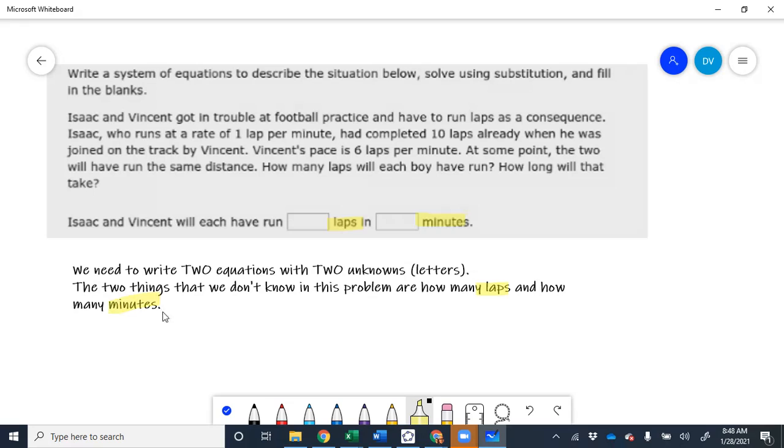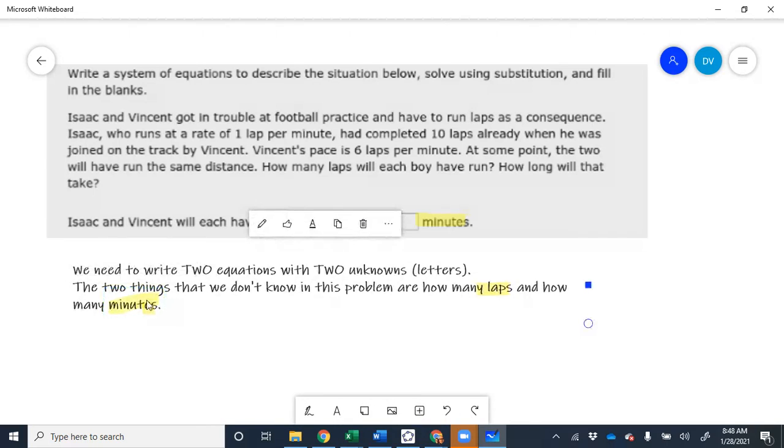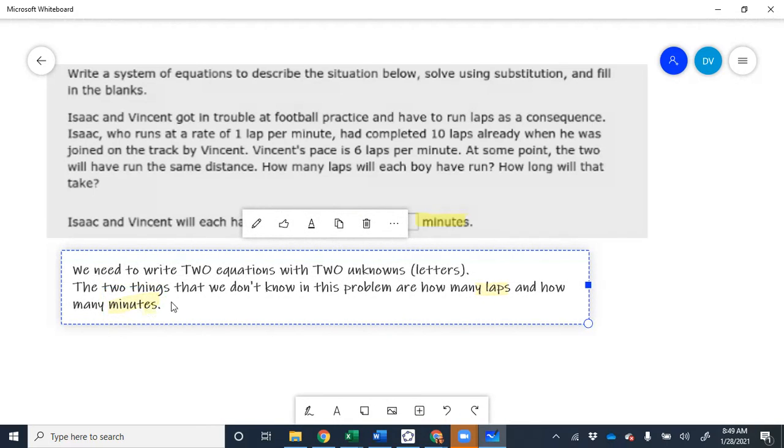So what we're going to do is use a letter for each of those things that we don't know. Why did that change up like that? Okay, so how do I get that to go on there? Let's use L for laps.